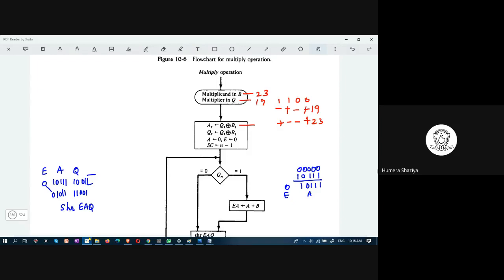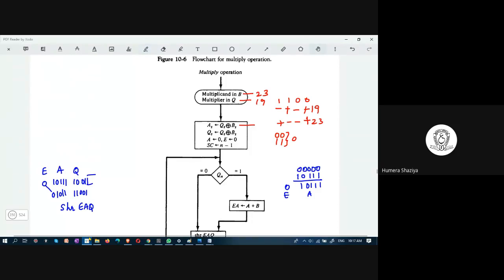And then QS XOR BS. QS is multiplier sign, BS is sign of the multiplicand. Recall, XOR would give 0 when you have both zeros or both ones. In this case, XOR would give 0. 0 means it is positive.